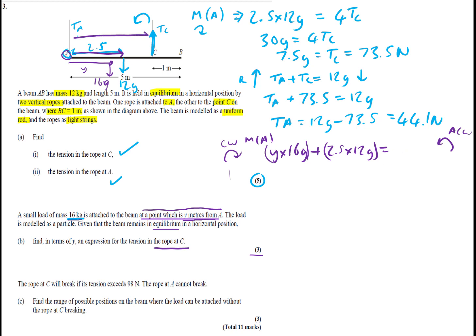Remember, from here to here is 4, so I'm just going to call it 4TC.